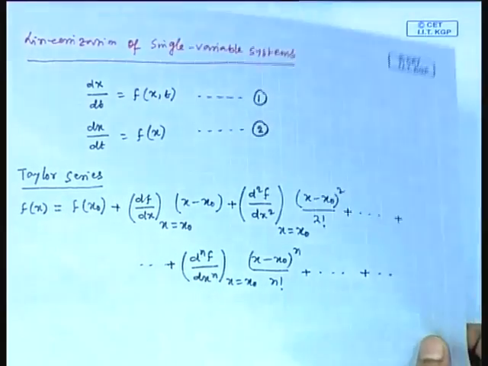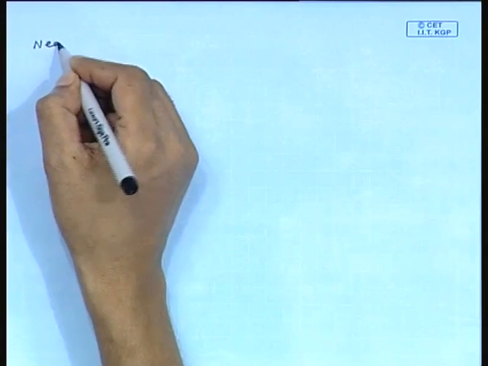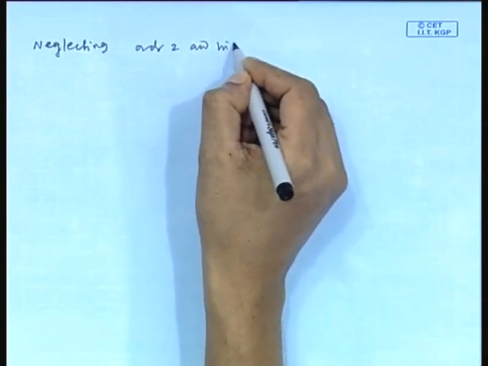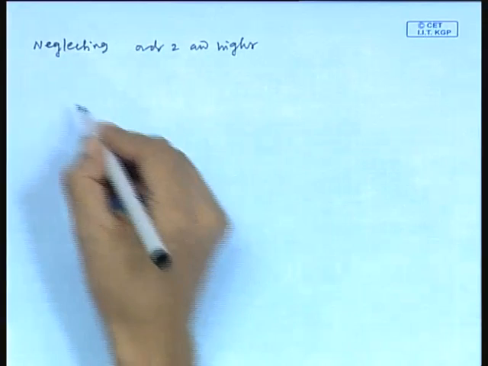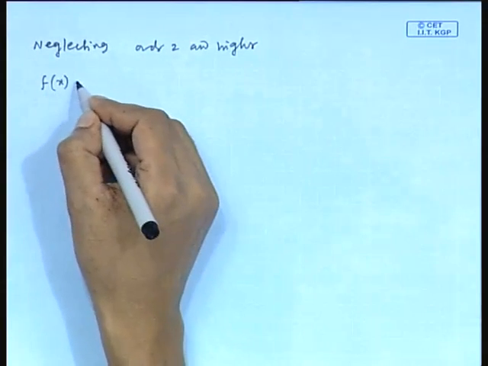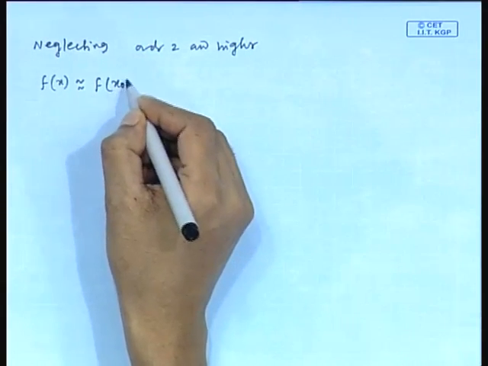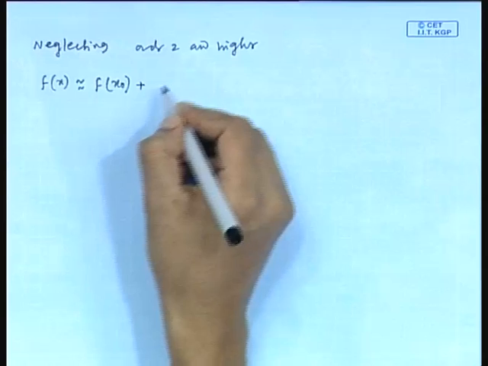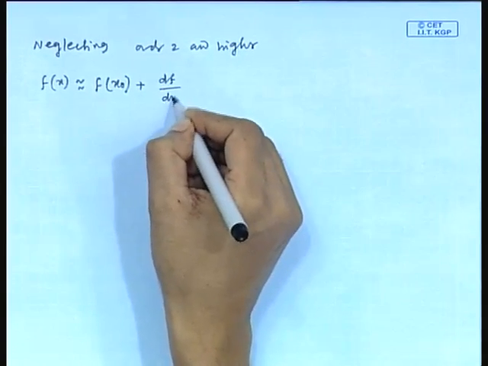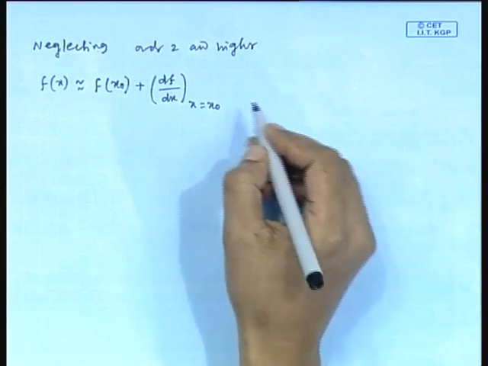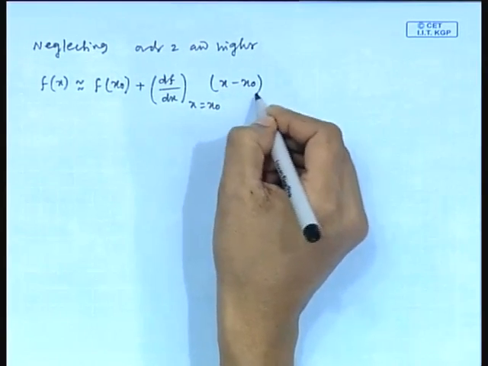Neglecting the terms of order 2 and higher, we get f x is approximately equal to f x naught plus df dx at x equals to x naught multiplied by x minus x naught.